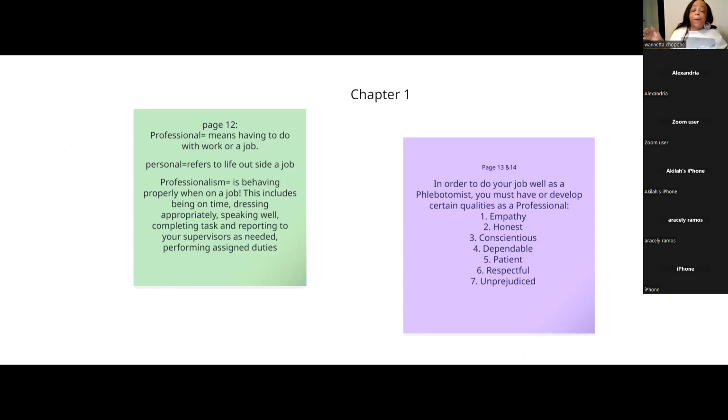Because that patient could have just finished talking to the doctor, and the doctor said, I'm suspecting this. It could be this, it could be this, but we have to get your blood work to make sure. That could be some bad news for that patient. So now they're coming to you to get their blood drawn. You have nothing to do with what the doctor told them.